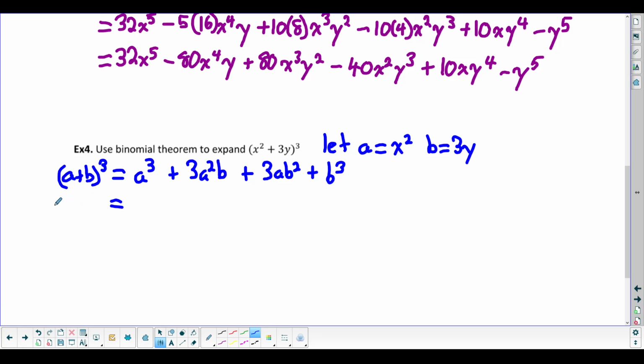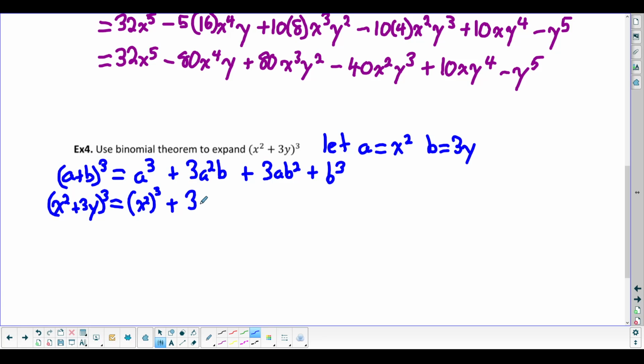Okay, so now let's substitute back in. So we have x squared plus 3y cubed. What would that look like? So let's start swapping them in. So we'll put them in brackets. So x squared cubed. We're going to have to do some exponent rules stuff there, I think.